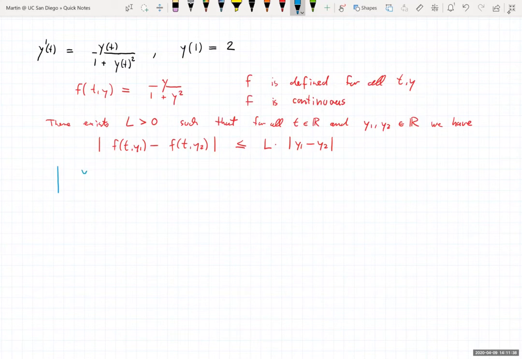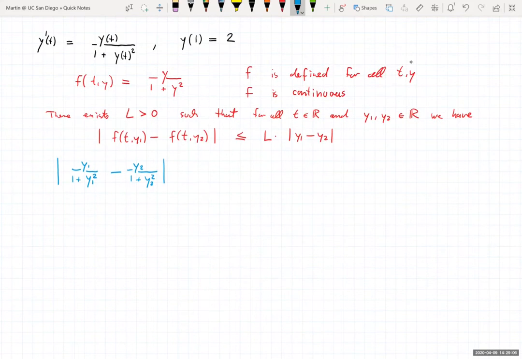I plug in y1 over 1 plus y1 square minus y2 over 1 plus y2 square and take the absolute value. The result is a bit tricky, but it is possible.